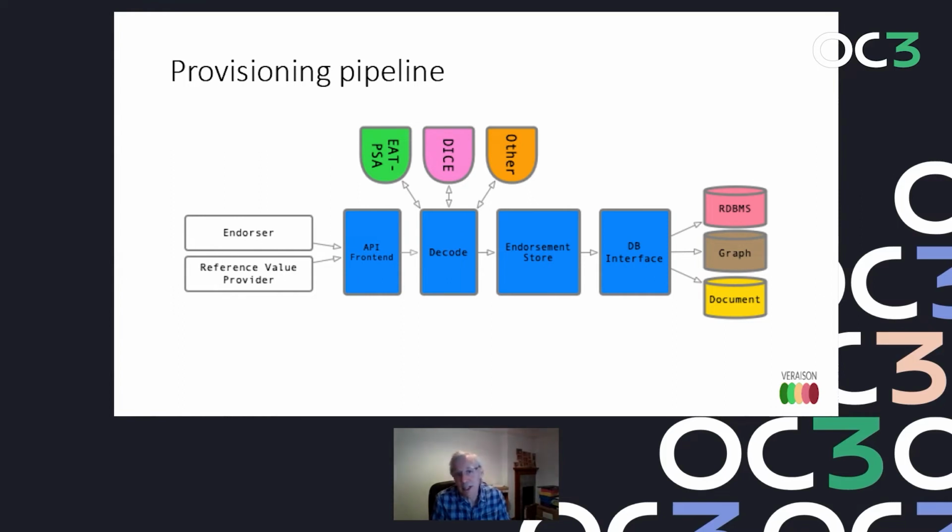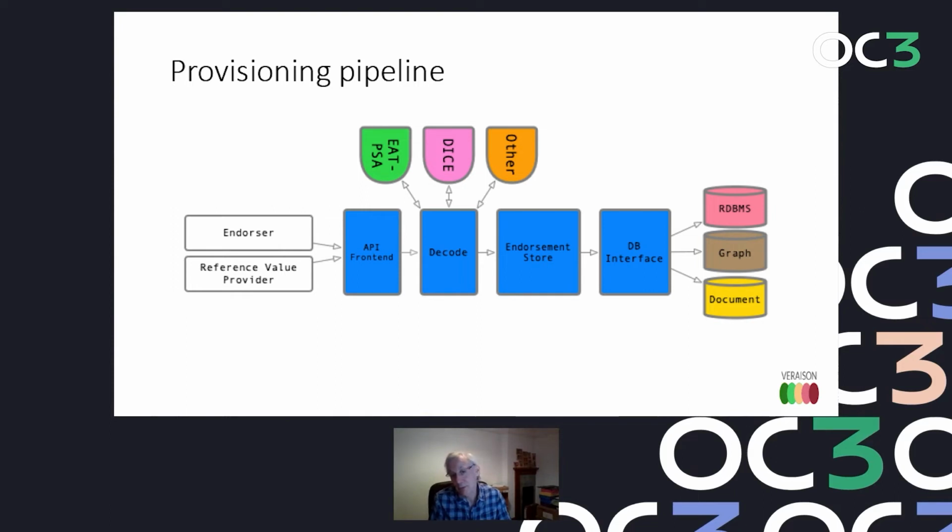So, for example, it takes a plugin which is able to understand that if I've got a set of information coming in on a reference value, how I can transform that to be ready in the endorsement store for subsequent queries. And the endorsement store is an abstraction in itself, and that can actually be layered over different technologies.